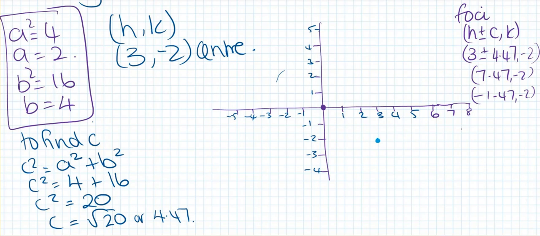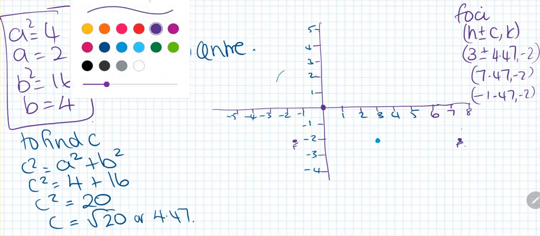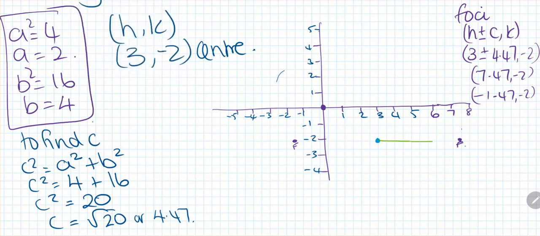That's going to be roughly by here. Let's get my pen. So a focus here, and then at 7.47, that would be here. From the center to the focus, this is our C value.